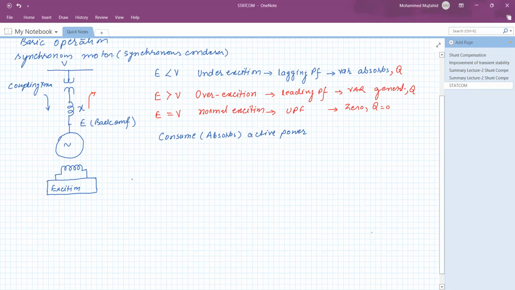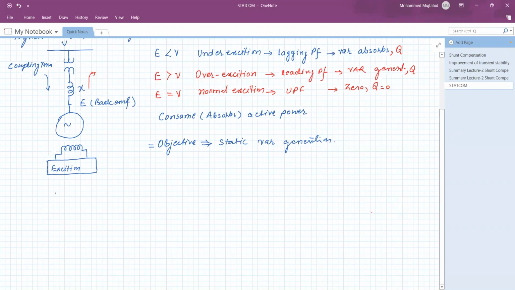But our objective is static VAR generation. Therefore, we are replacing this synchronous motor by a static device.